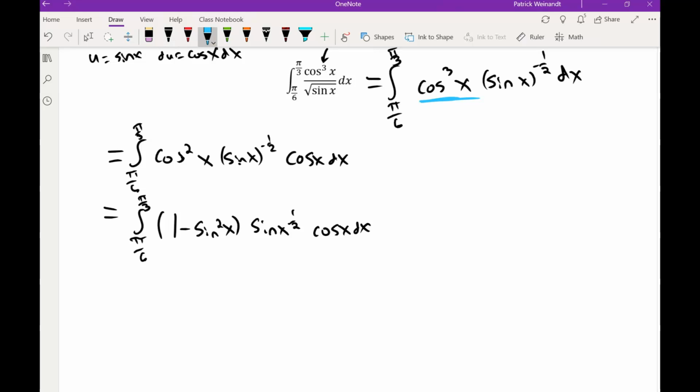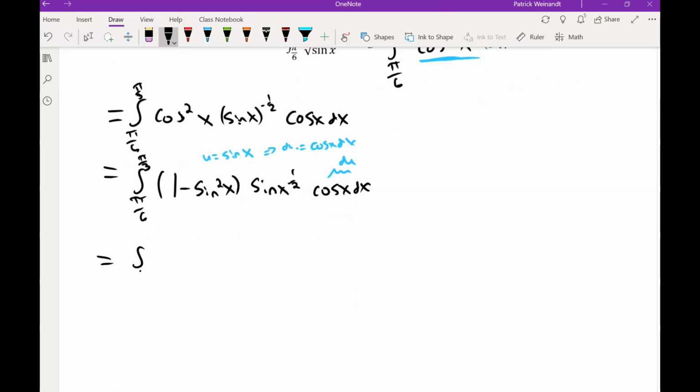Now this might be where I want to highlight: if u equals sine of x, then du is going to equal the derivative of sine, cosine of x dx right here. So this is our du. But we want to get everything to look like it's sine of x. We want it to be u du, so we want it to be sine of x times cosine of x. So again, we're going to have to distribute the sine of x here. This is going to be equal to pi over 6 to pi over 3.